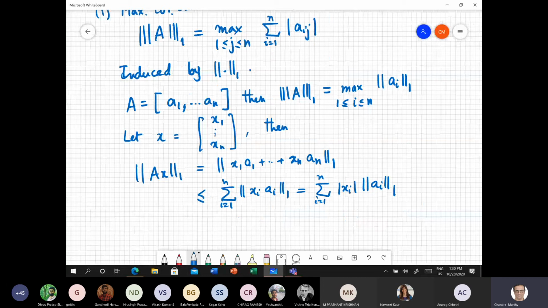Which in turn is less than or equal to, so I can replace all these by the largest column norm, and that will only increase the value. So the sum for i equal to 1 to n of mod xi times the max over 1 less than or equal to k less than or equal to n of norm ak.